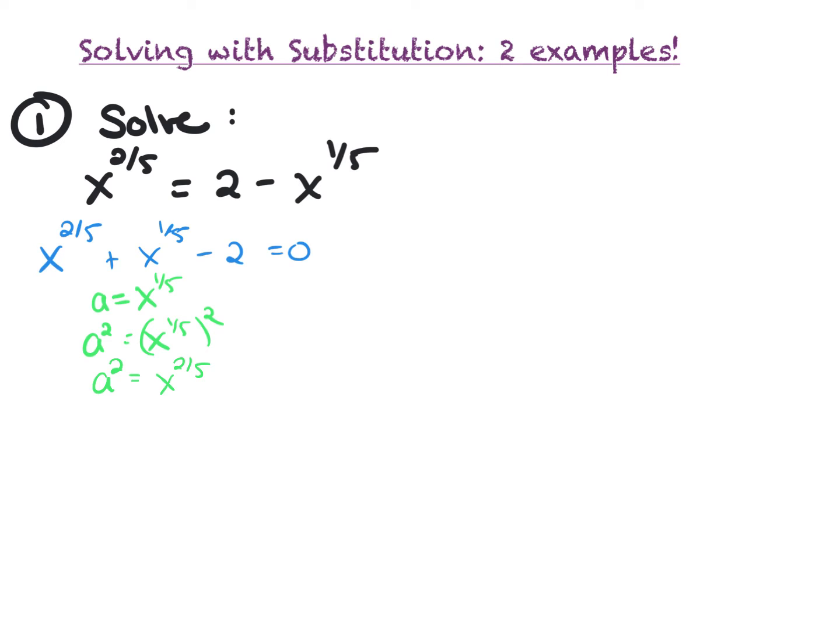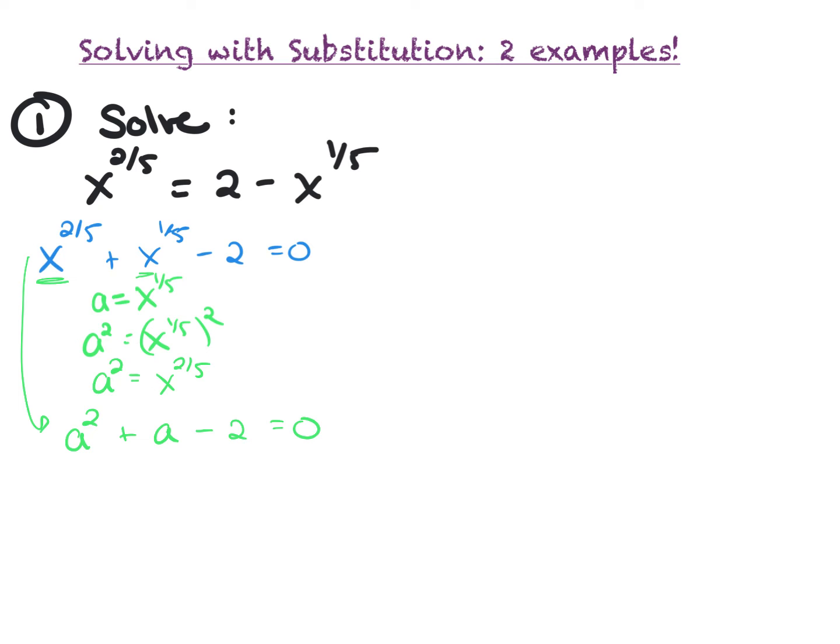So rewriting our equation with the substitution of a equals x to the 1/5, x to the 2/5 is now a squared, plus x to the 1/5 is plus a, minus 2 equals 0.